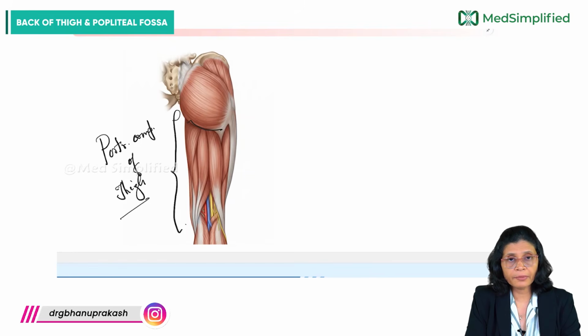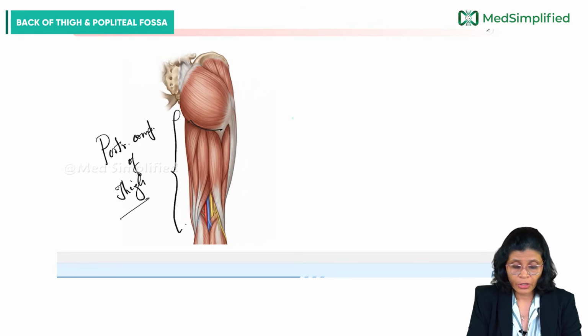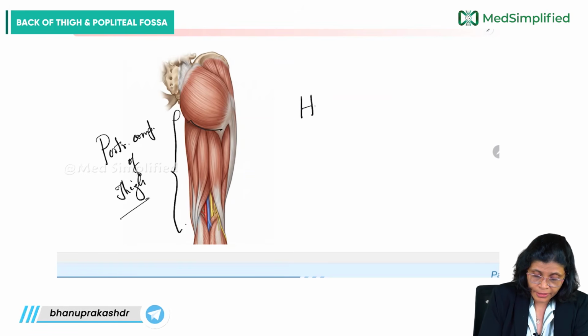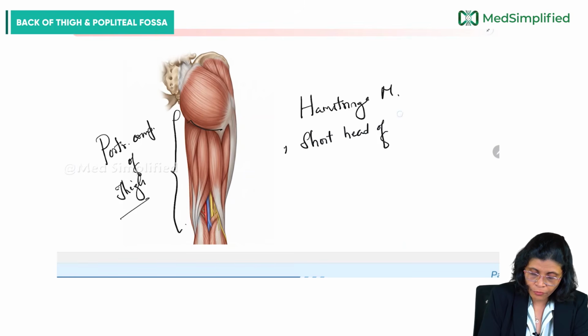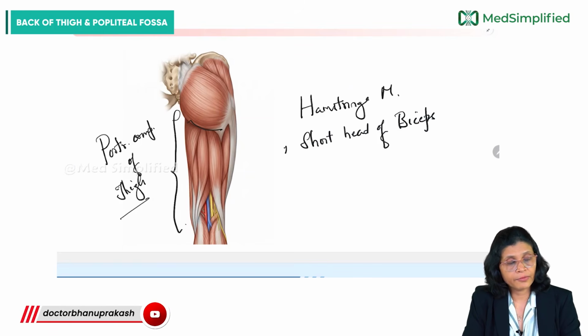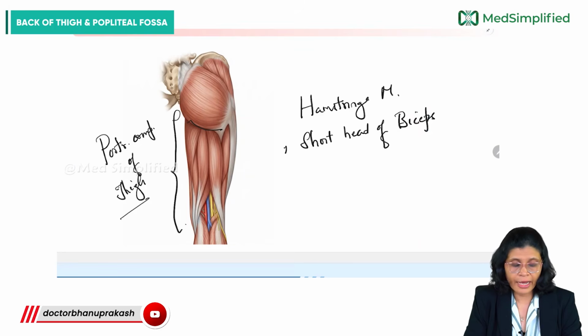This compartment is also called the flexor compartment of the thigh, because the main flexors here are the hamstring muscles. Along with that we have the short head of biceps, which forms a part of the flexor compartment, but it is not a hamstring.